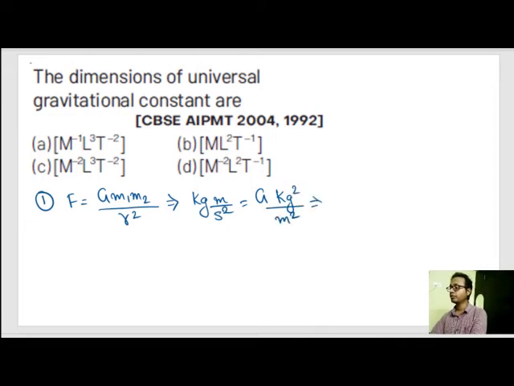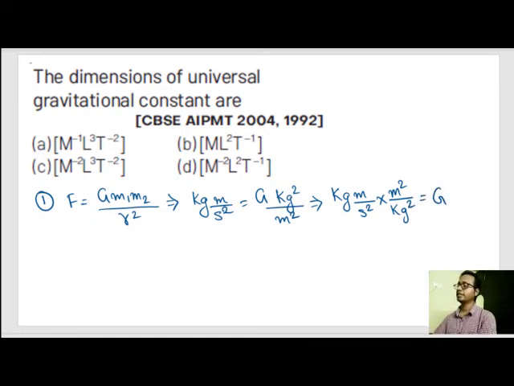We take the kg square by meter square to the left-hand side and we get kg meter per second square into meter square by kg square, equal to the unit of gravitational constant. This kg and this kg square get cut out to leave kg, or this gives us meter cube by second square into kg, equal to the gravitational constant.